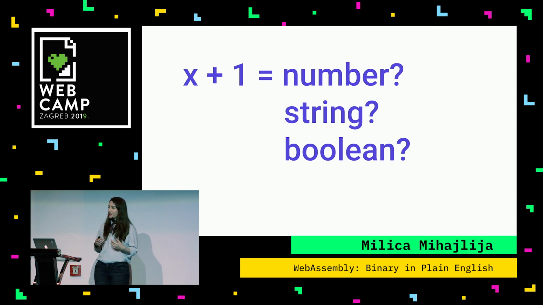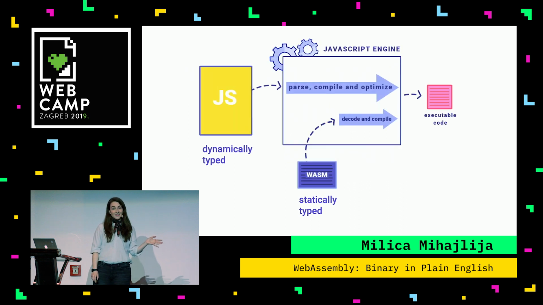It has to compile and optimize your code, and it sometimes has to do it multiple times if it makes strong assumptions about the types. Now, WebAssembly, on the other hand, is statically typed, so the engine doesn't really speculate during compilation about which types it is running. And most of the optimizations actually happen when you compile the source code, so before it even gets into the browser.